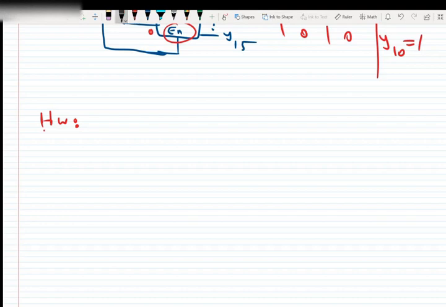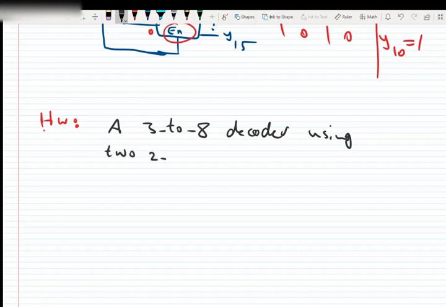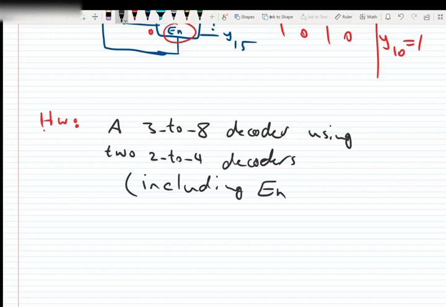So what I want you to do is design a 3 to 8 decoder using 2 by 4 decoders and including an enable input.